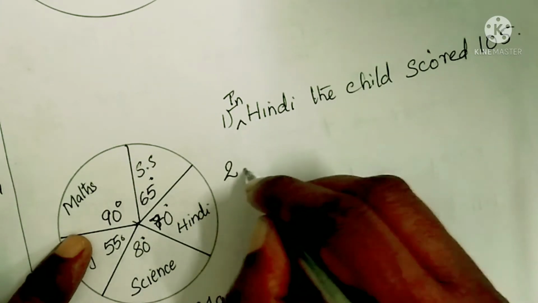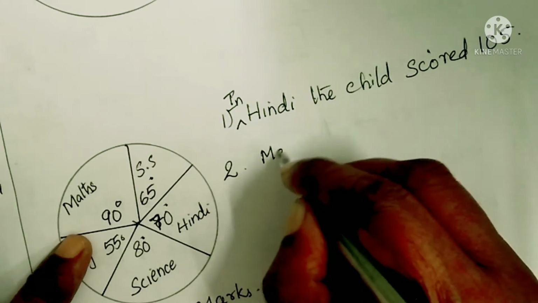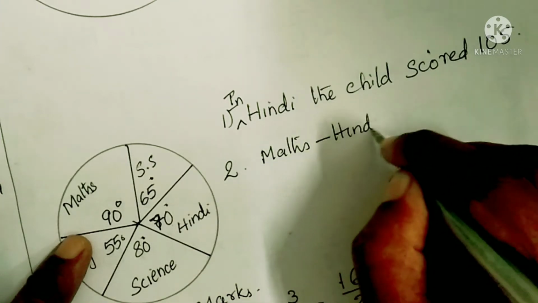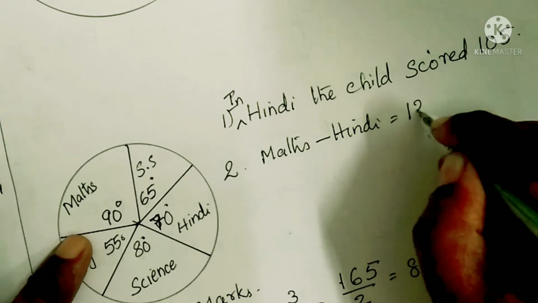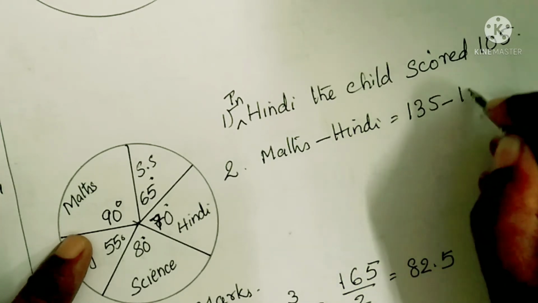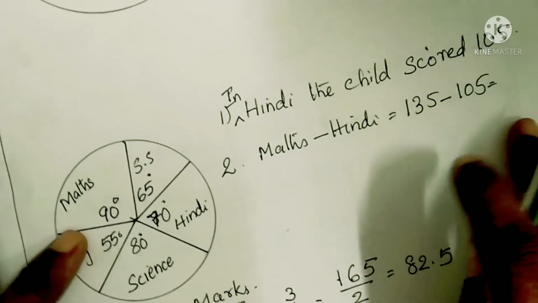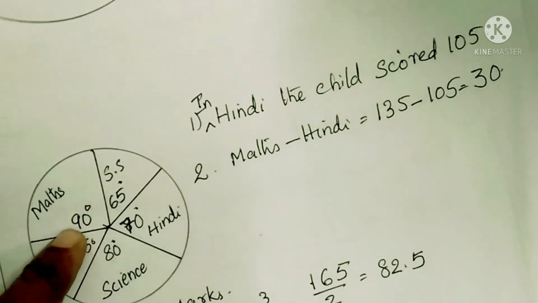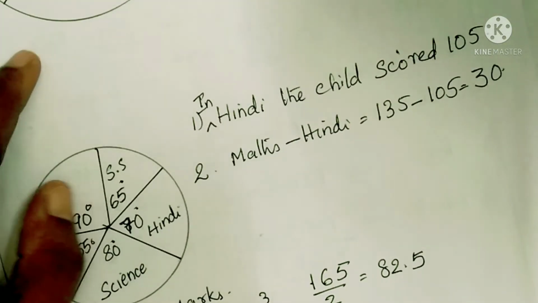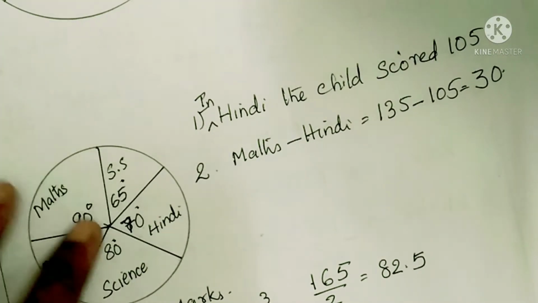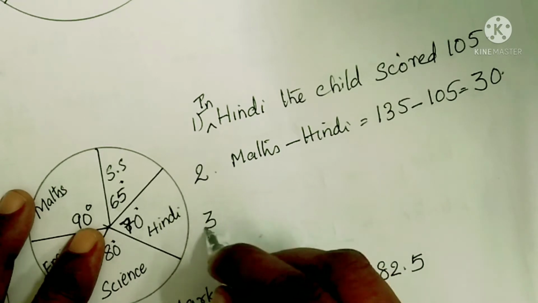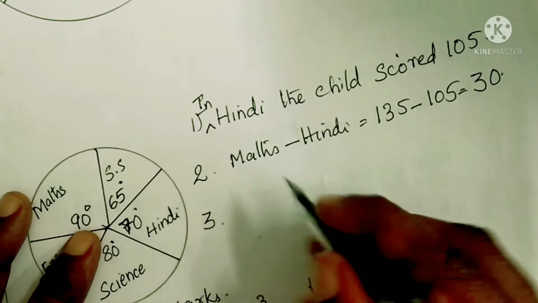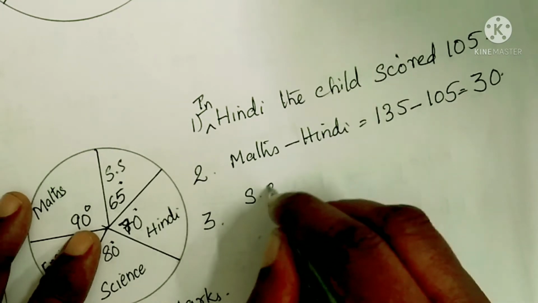So mathematics minus Hindi is 135 minus 105, which is equal to 30. So what is the difference between mathematics marks and Hindi marks? It is 30.